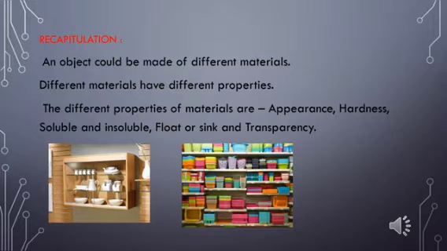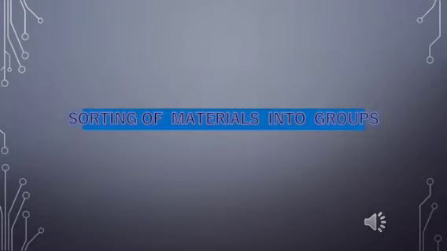In the previous class, we learnt two properties of material, that is appearance and hardness. Now let us continue to learn the different properties of materials. Let us continue with our lesson, sorting of materials into groups, and learn the different properties of materials.